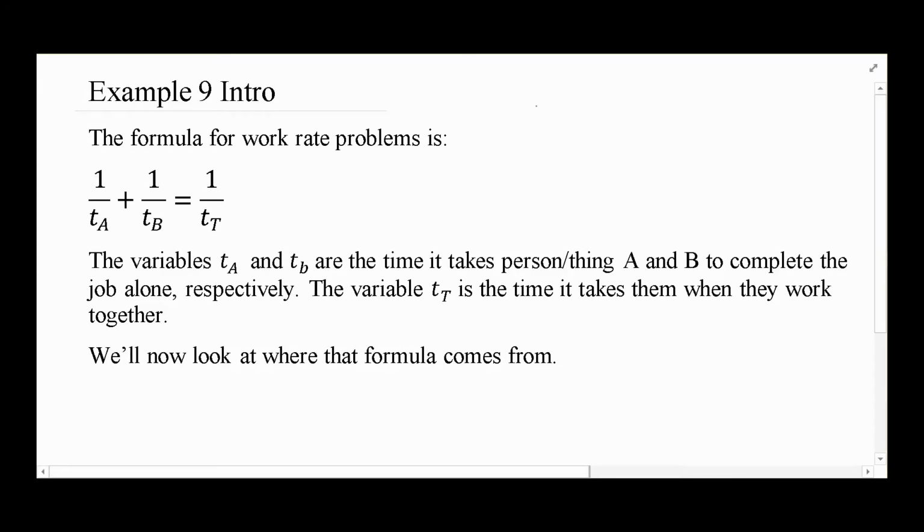So to show where it comes from, this is all going to come from a very basic formula. It's actually a more generalized version of distance equals rate times time. It's actually amount of anything equals the rate at which you're doing it times the time. So distance just happens to be if the rate is in miles per hour or feet per second. But in general, if you have a rate of something per unit of time, so keep in mind that rates are something over time, so it's miles per hour or something like that.